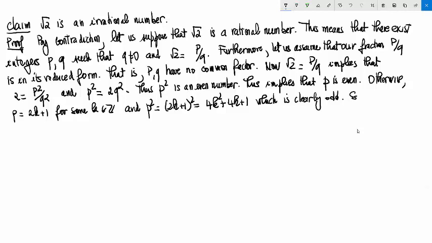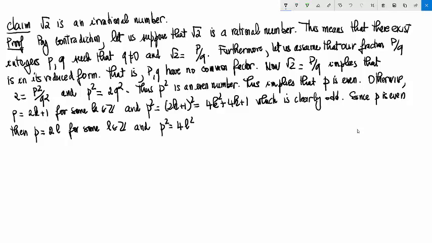Okay, so now since p is even, then p must be equal to 2l for some integer l, and this means that p squared will be equal to 4l squared, which is equal to 2q squared, and q squared must then be equal to 2l squared.